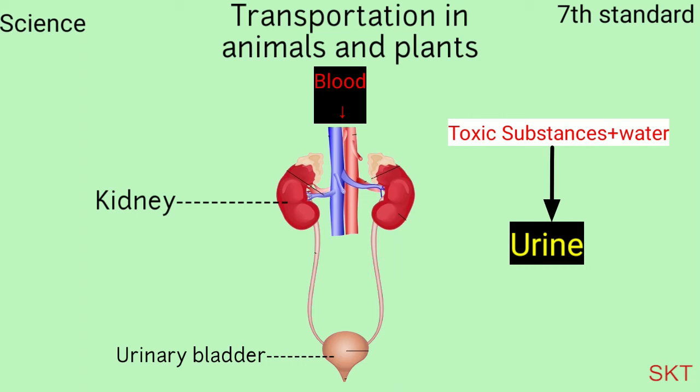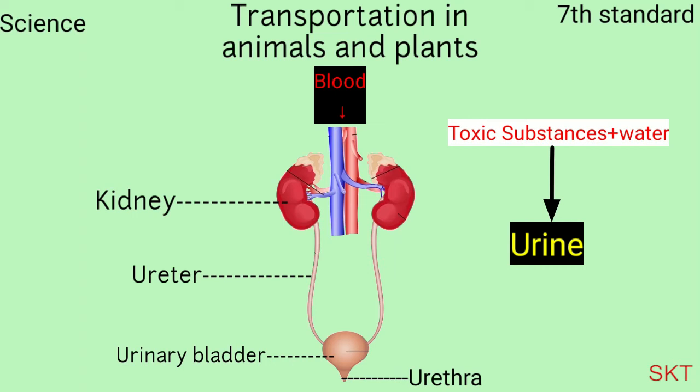The urine moves from the kidney to the urinary bladder through tube-like structures called ureters. So ureters connect the kidney with the urinary bladder, and the urinary bladder stores our urine, which is passed out through the urinary opening at the end of a muscular tube called the urethra.